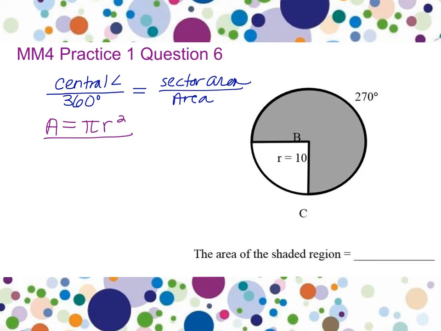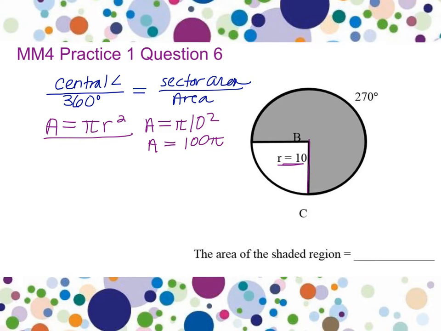We are given the radius right here in our picture, and we know a radius is from the center to the side of the circle, and we're going to leave this in pi notation. So in this case, our area is equal to pi times 10 squared, which we know is 100, and we would write that as area equals 100 pi.